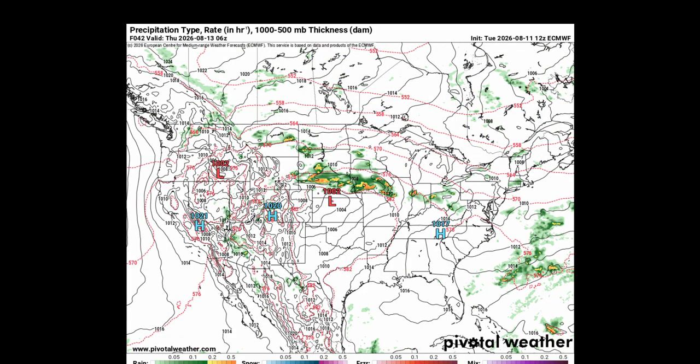You can see we have some nice precipitation and activity moving through the northern plains. And we also have some activity in the Ohio Valley. Most of this is going to be on the north side of this low, as the low is moving the air counterclockwise.